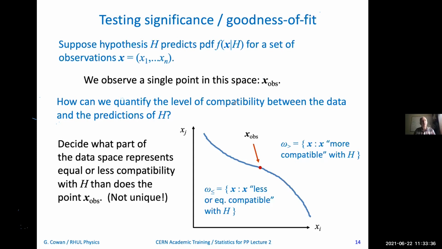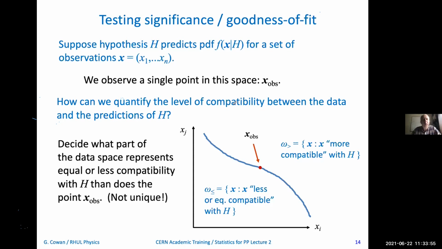I want to talk now about a related type of hypothesis test, but instead of giving just a binary statement of reject, not reject, it's going to give a numerical value that will reflect the level of agreement between the data outcome and the hypothesis.